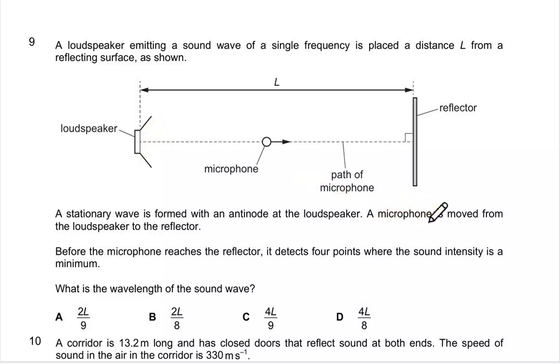A microphone is moved from the loudspeaker to the reflector. Before the microphone reaches the reflector, it detects 4 points where the sound intensity is minimum.